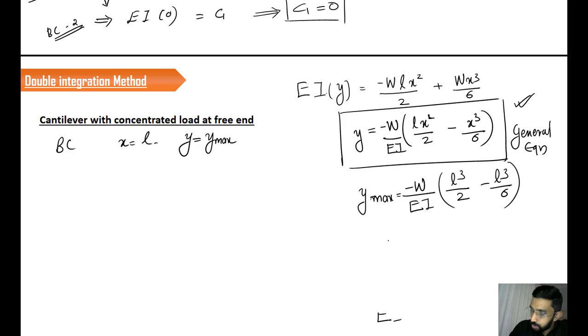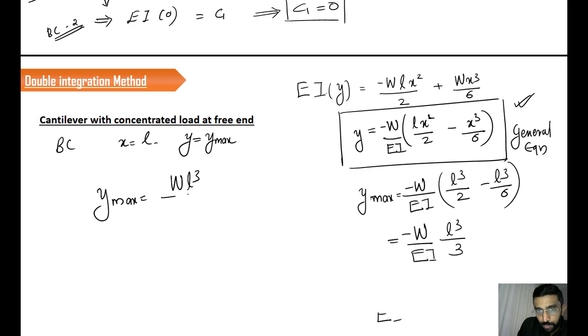Right? So this value is going to be w divided by EI into L cube by 3. That is a general expression. So upon rewriting, y max is equal to w L cube divided by 3 EI.